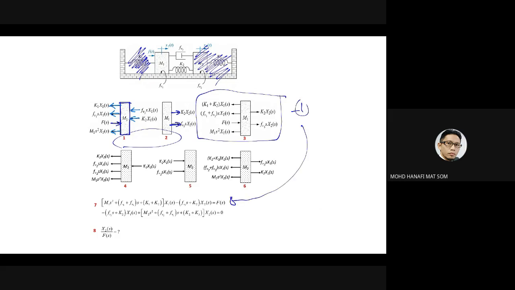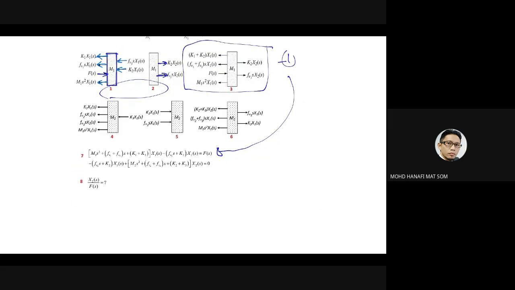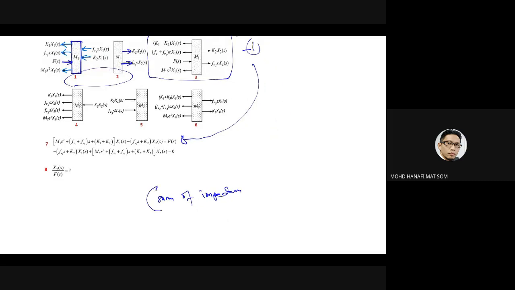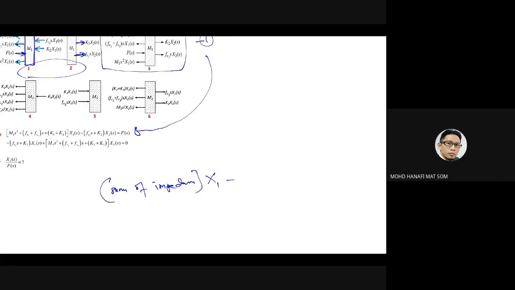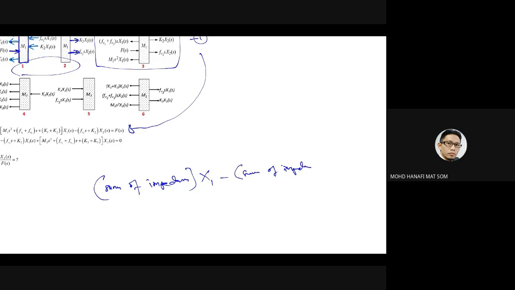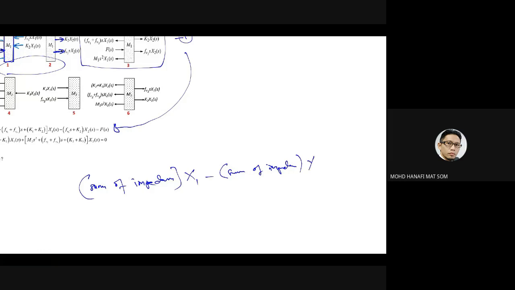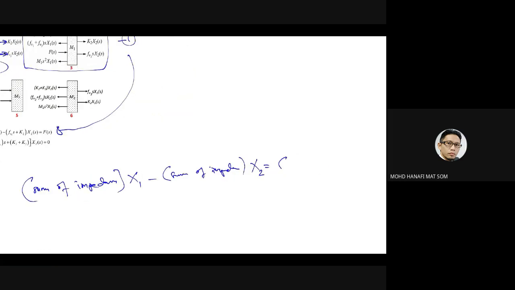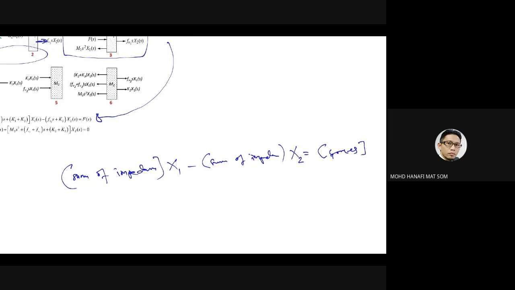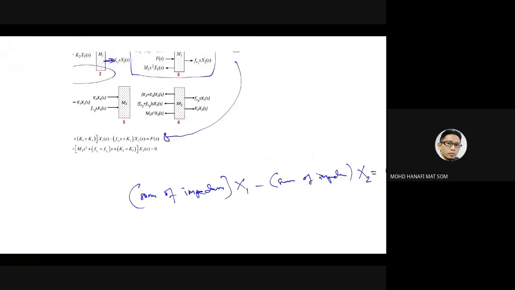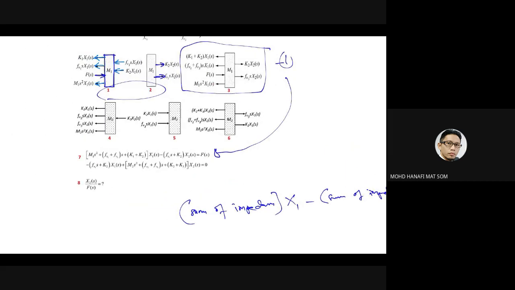We have here the sum of impedance with motion of x1, minus the sum of impedance with the motion of M2 of x2, equals the forces applied on M1. Okay, so you can verify with this equation.